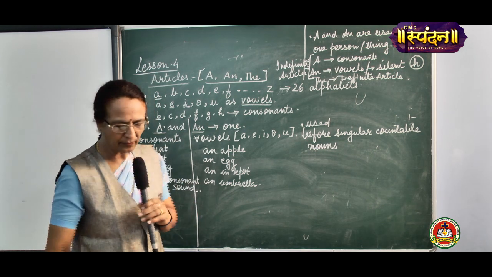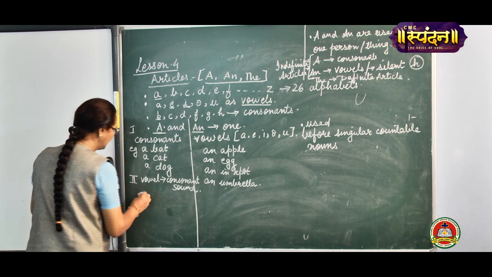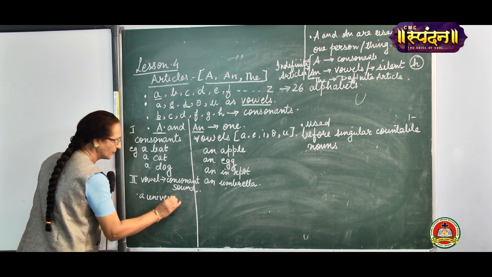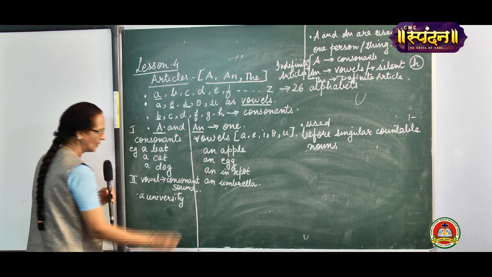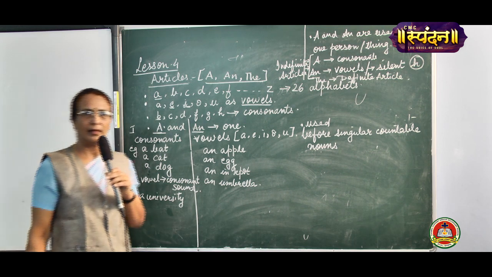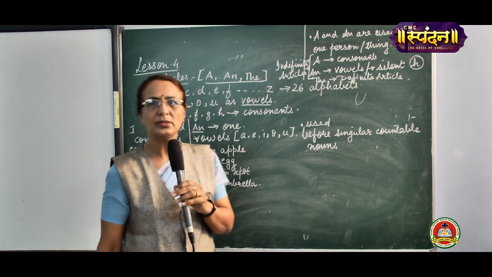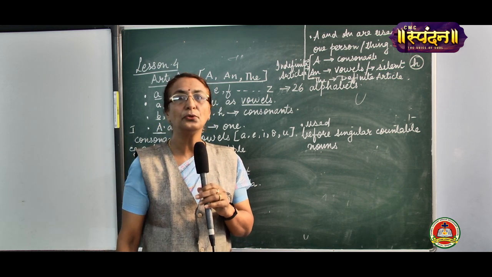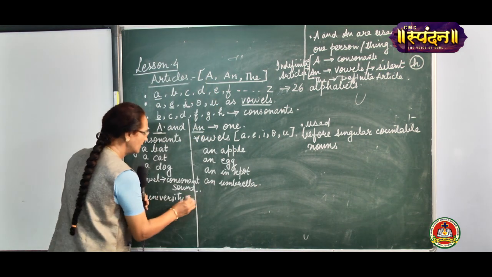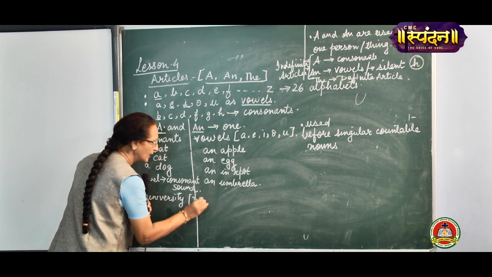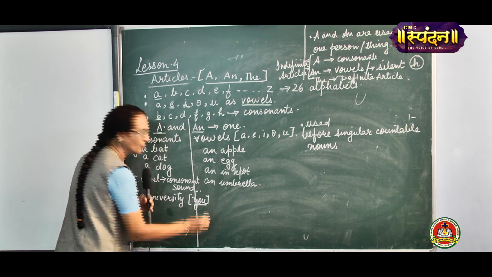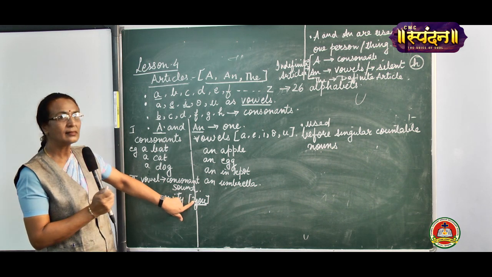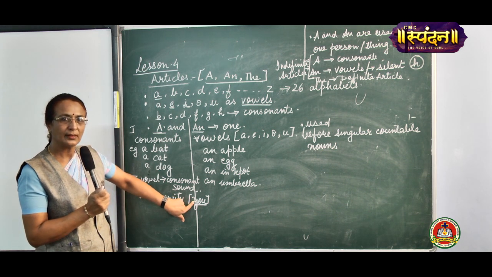Now, how is it? If I say a university, he studies in a university. How are you pronouncing university? You. Try to say it. So this Y sound is a consonant.